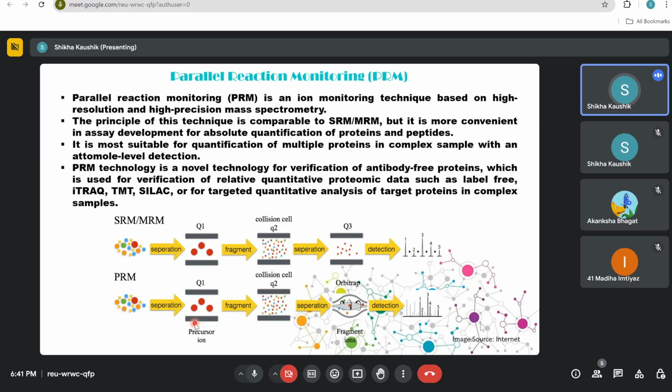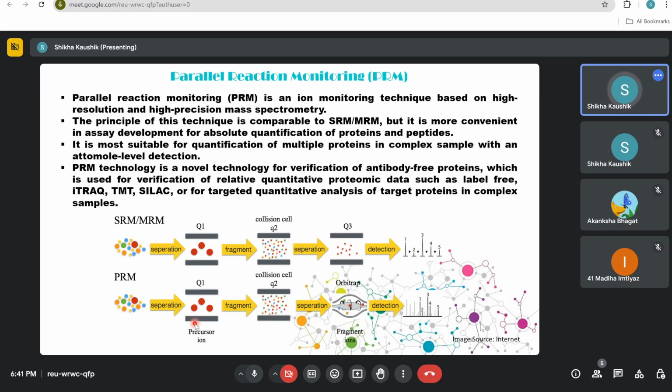PRM is a novel technology for verification of antibody-free proteins, which is used for verification of relative quantitative proteomic data such as label-free, iTRAQ, TMT, SILAC, and for targeted quantitative analysis of target proteins in complex samples.